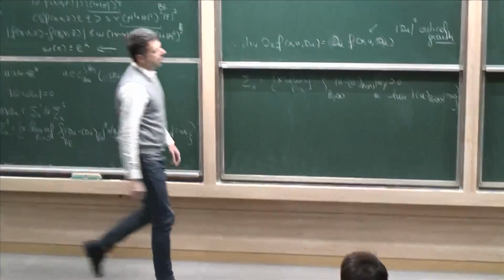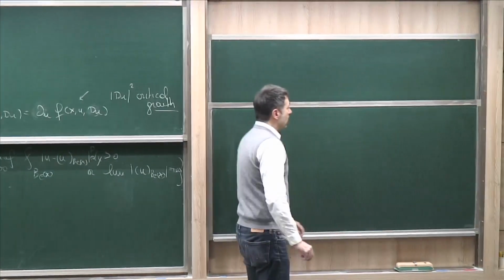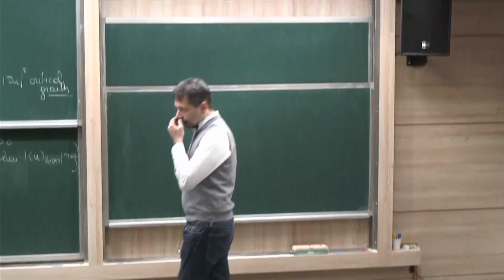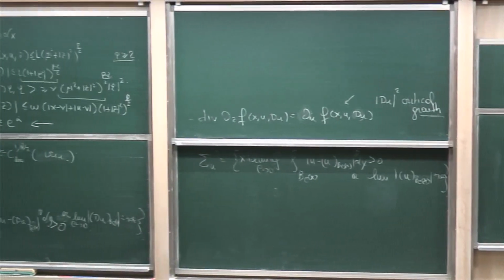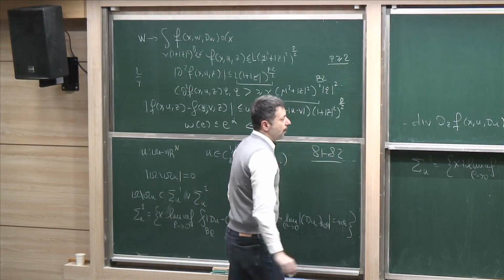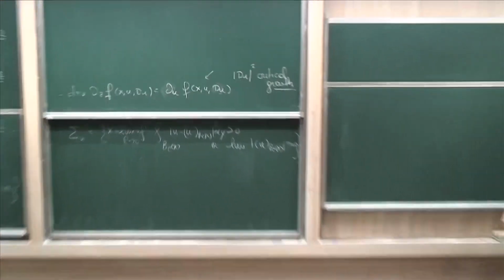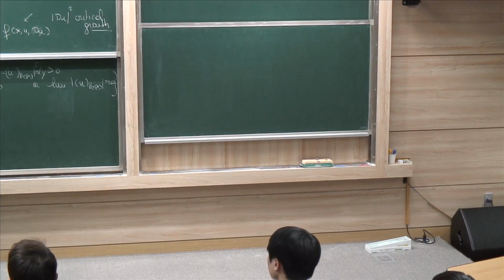Now, the problem I would like to discuss is the following one. Now we know that the singular set has zero measure. And this was actually the status of the theory until the beginning of the 80s, let's say 81, 82. Then the open problem was that, and of course the same thing can be proved for systems.